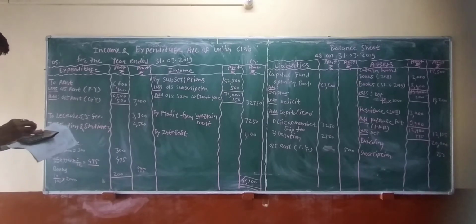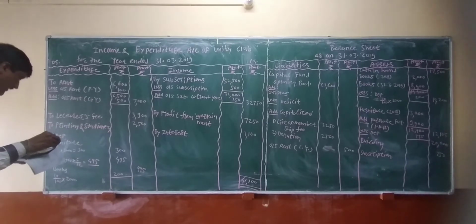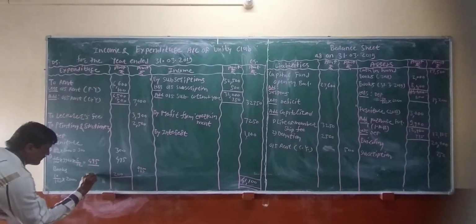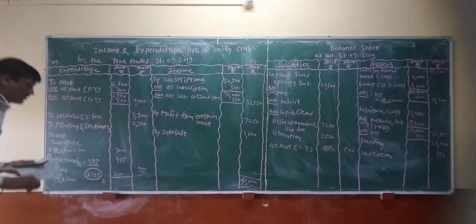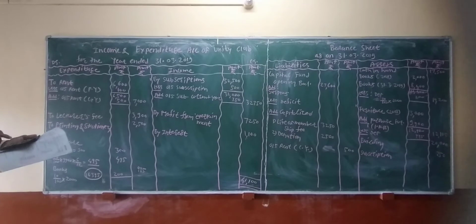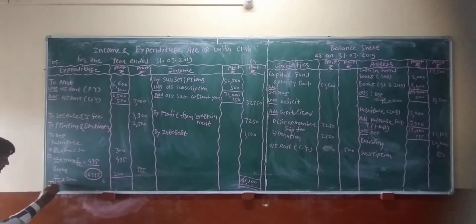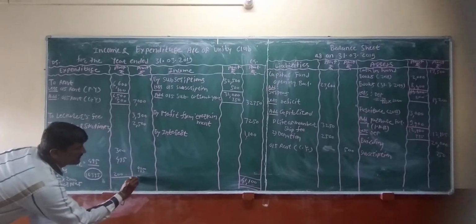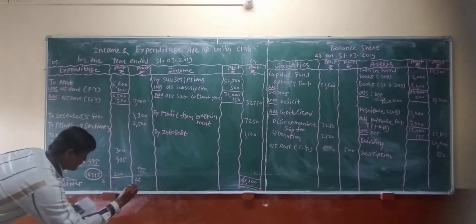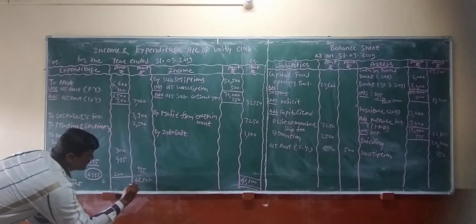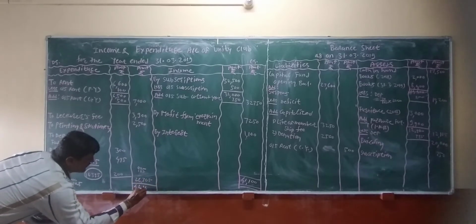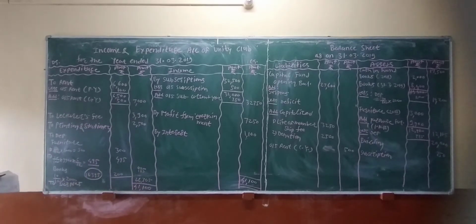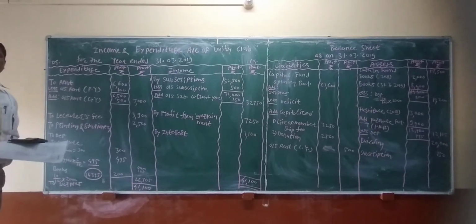The amount is 14,395. Less from 41,100, so 26,705 is the surplus. Surplus means the excess of income over expenditure.